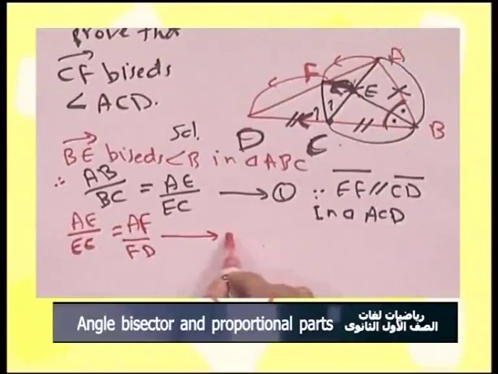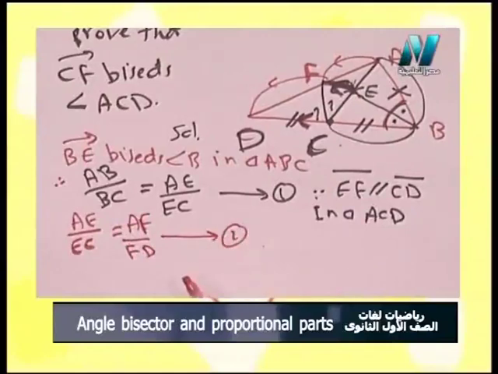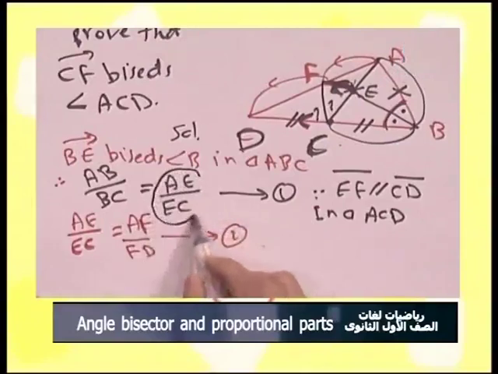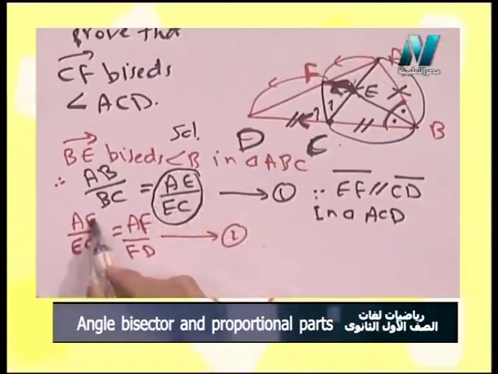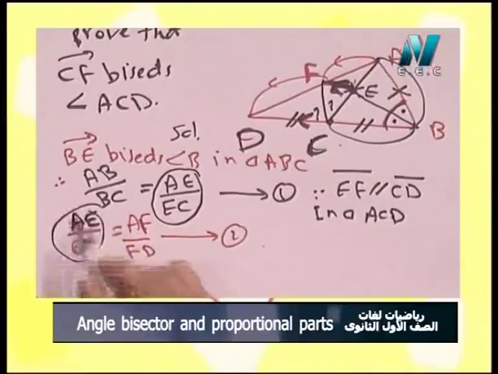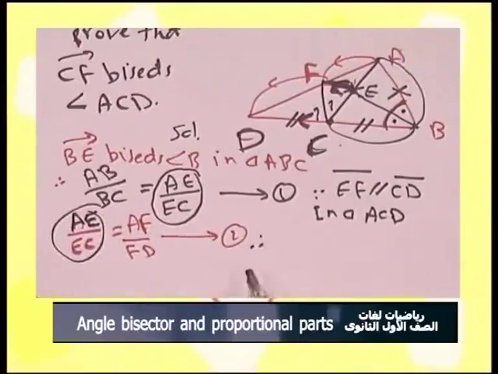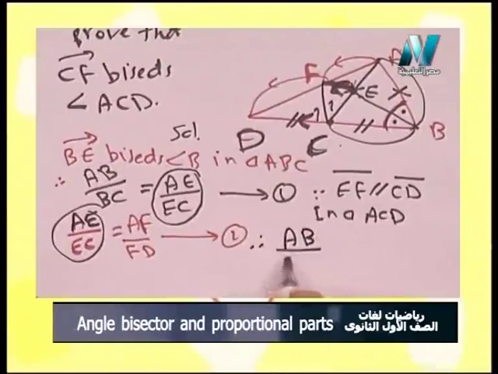And this is the equation number 2. Look carefully at these two equations. We have this ratio AE over EC, and this one also AE over EC. They are the same, of course. So we can deduce that AB over BC equals the ratio AF over FD.